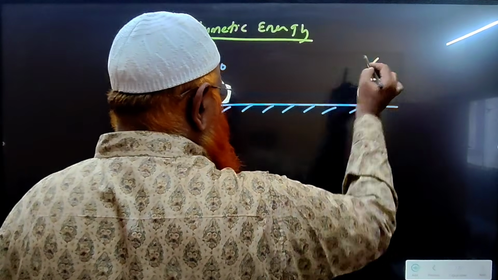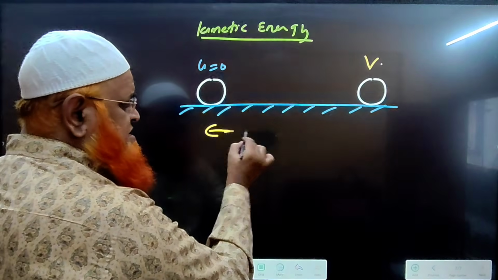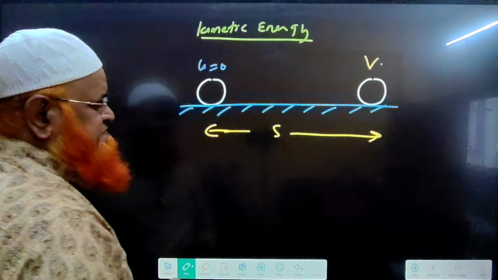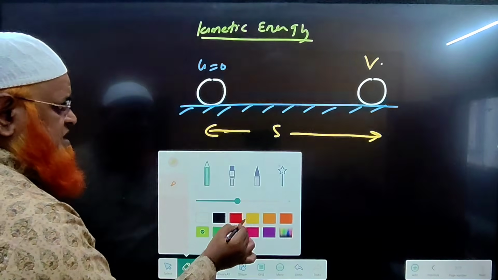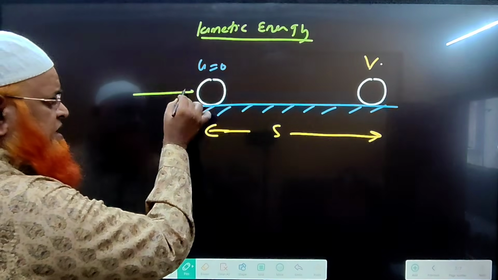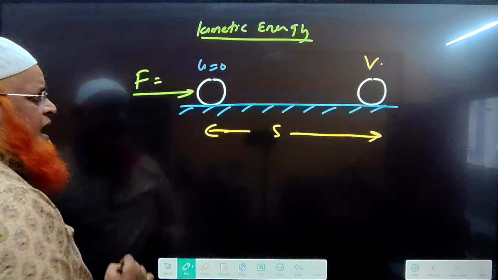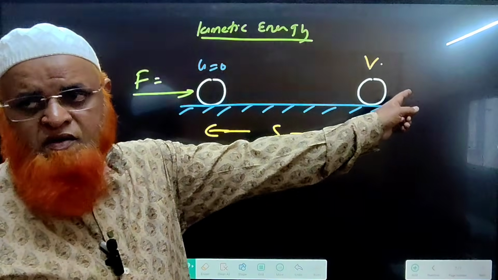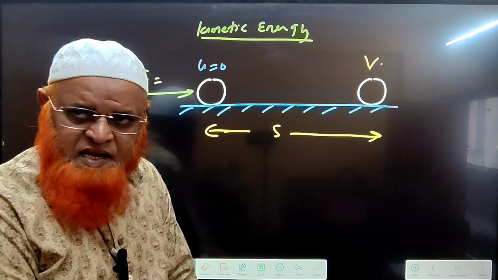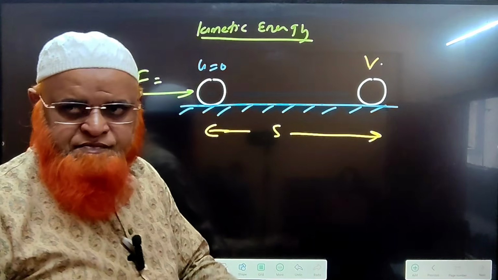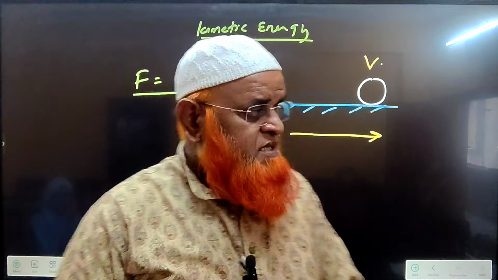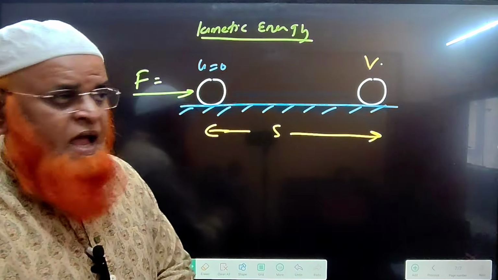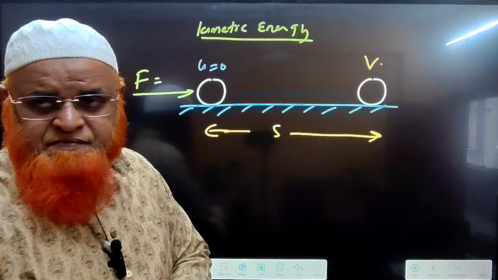Let us consider the final velocity of the ball is v. The distance traveled by the ball is s. The ball was at rest. We applied some force F and kicked the ball to move forward. The football was at rest, you kicked it, it starts moving. It gained some velocity, called the final velocity, and it has moved a distance s.